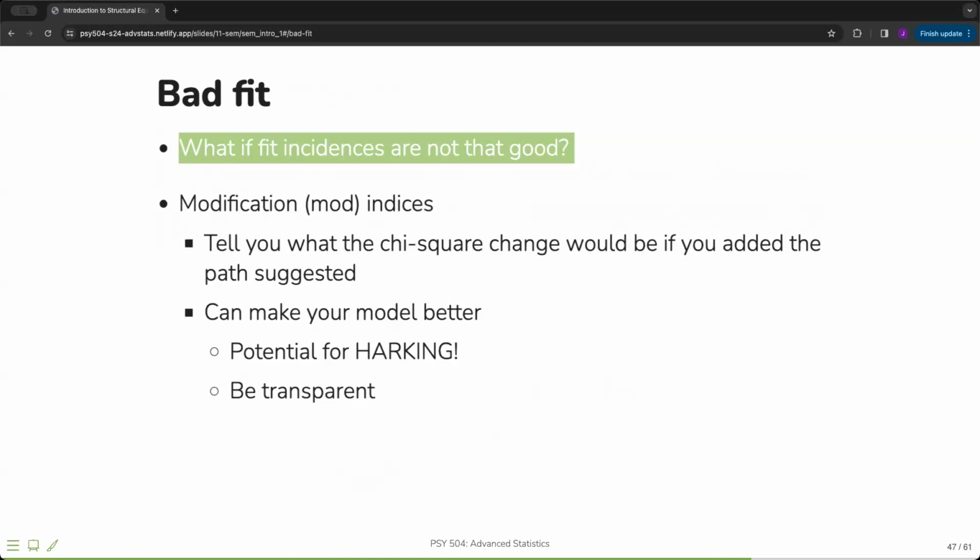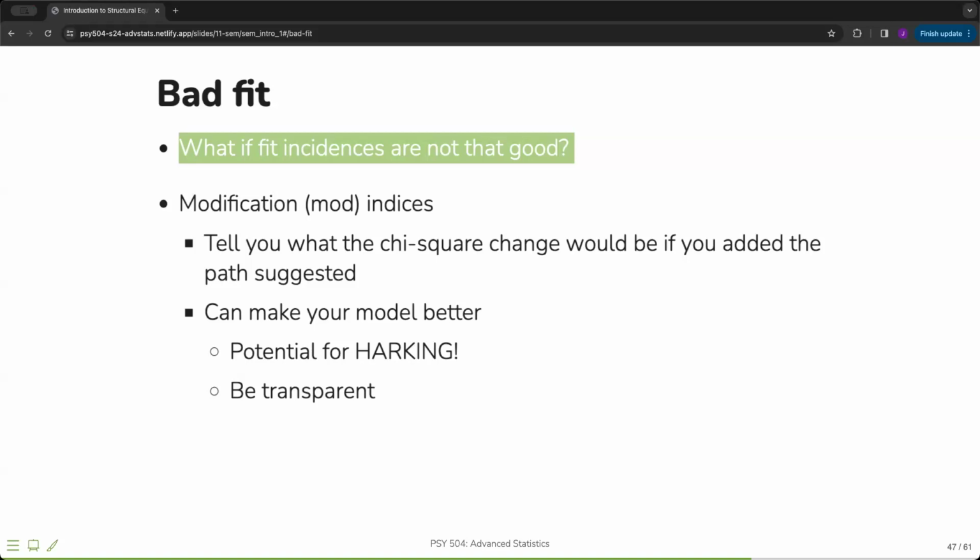So what modification indices tell us is basically all of the things we didn't model and how much better our model would be if we modeled those relationships and those paths. And what it tells us is the change in chi-square by including those relationships or paths. So basically these mod indices make our model better.